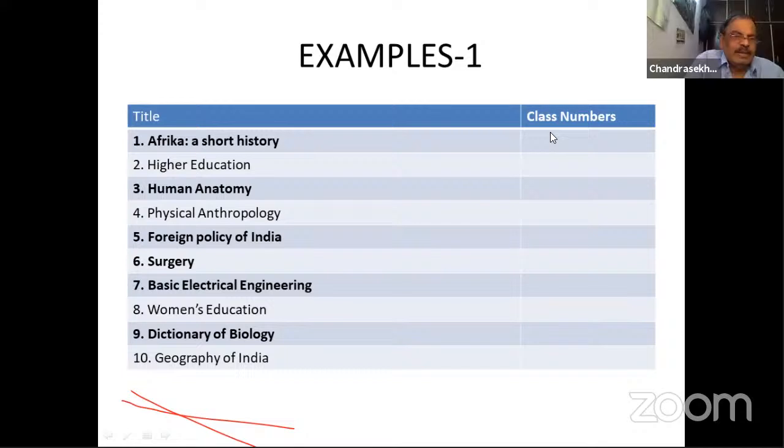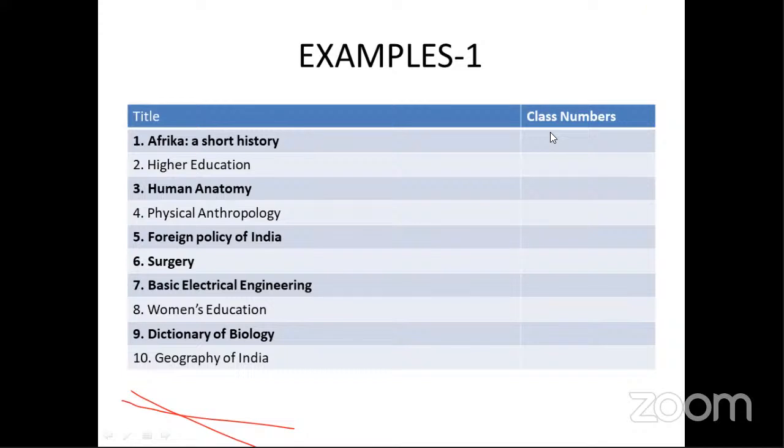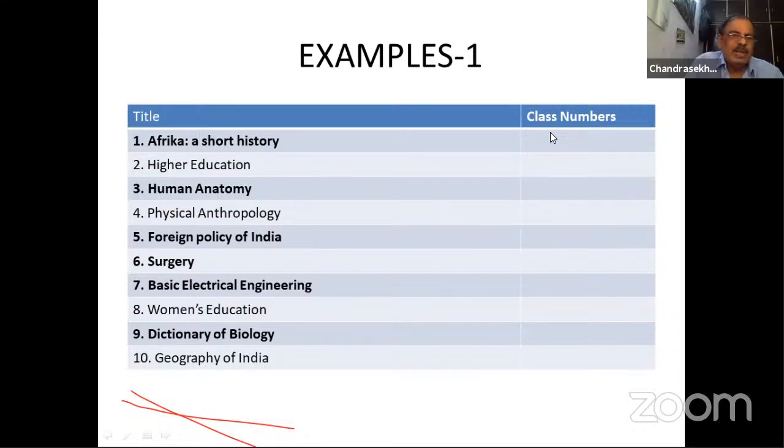So electrical engineering. What is the number for engineering? 620. Under that, you have divisions like 61, 62, 63. At the third level, they are called sections.